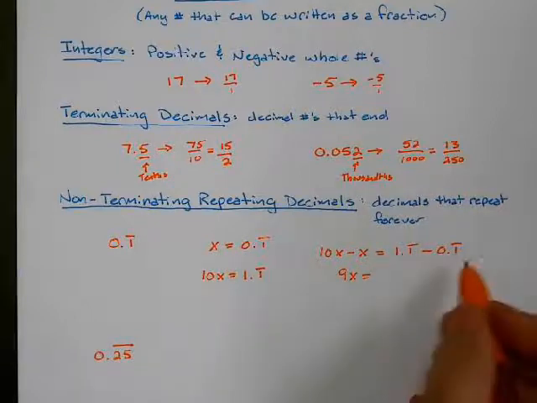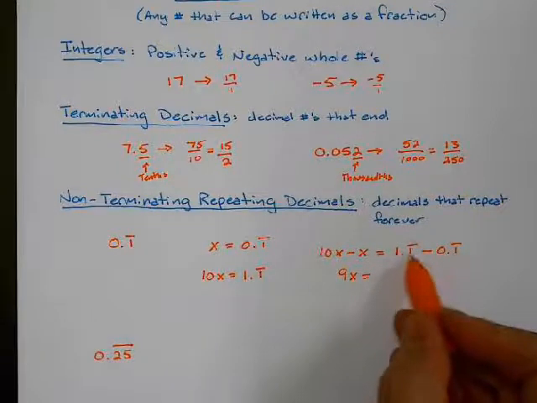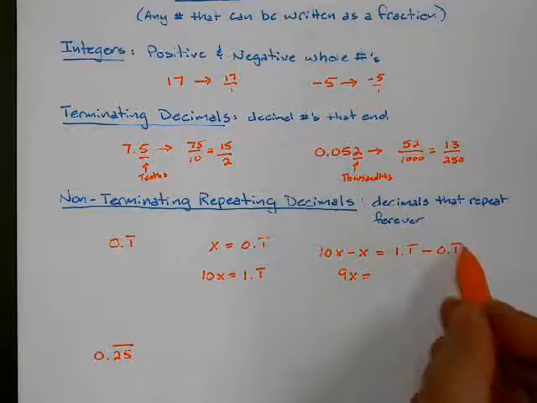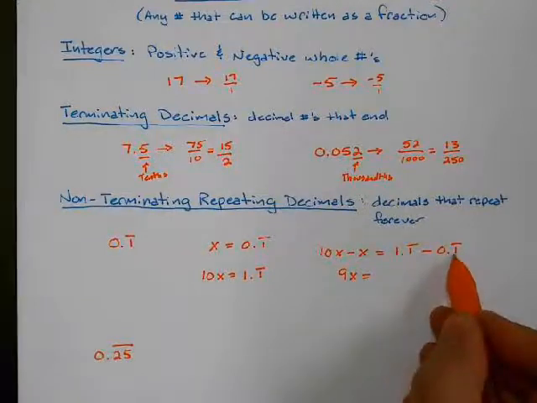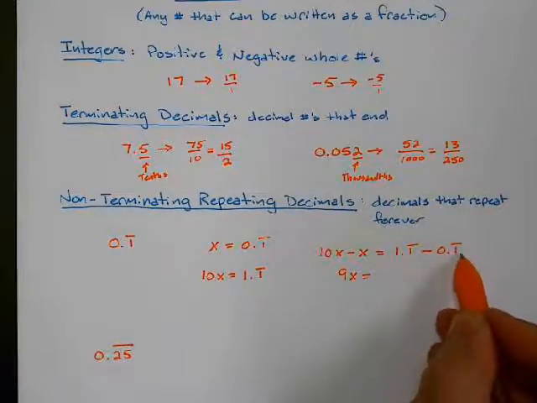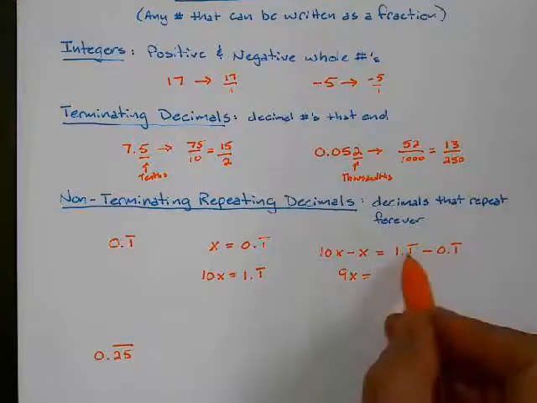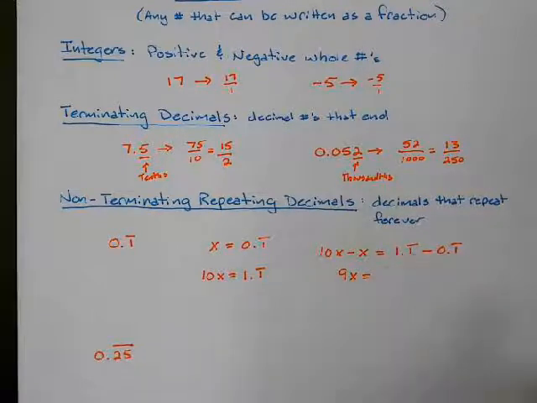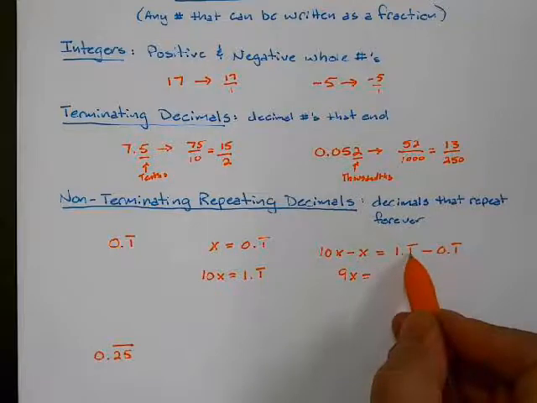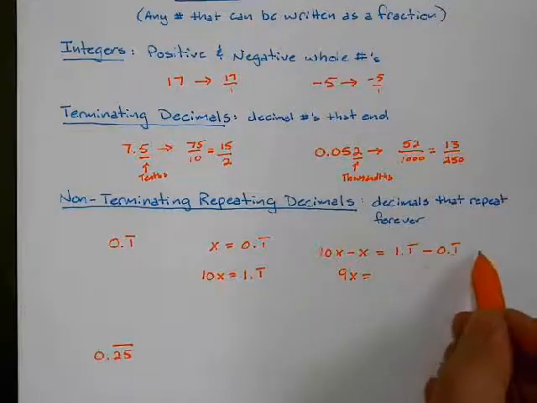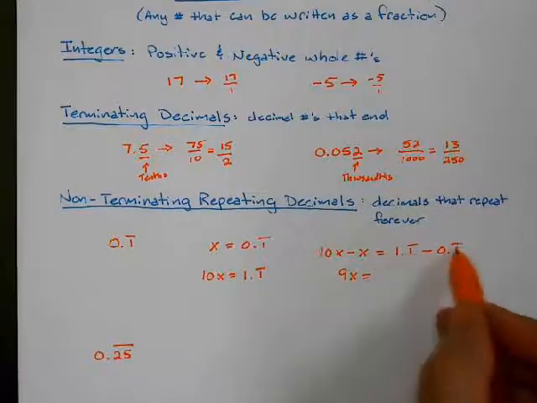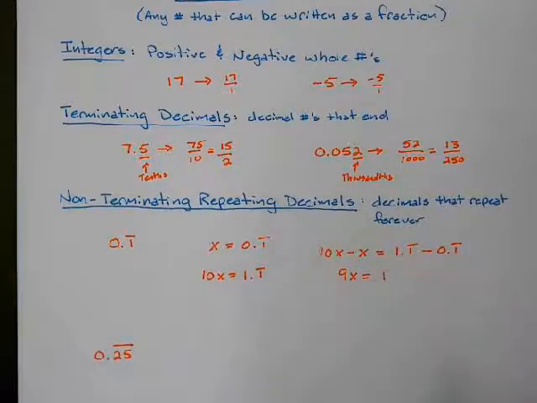On this side, the 0.1 repeating and the 0.1 repeating, since we're subtracting, all of these repeating ones cancel each other out. So 1.1 repeating minus 0.1 repeating, all the repeating ones cancel out, and we're just left with 1.